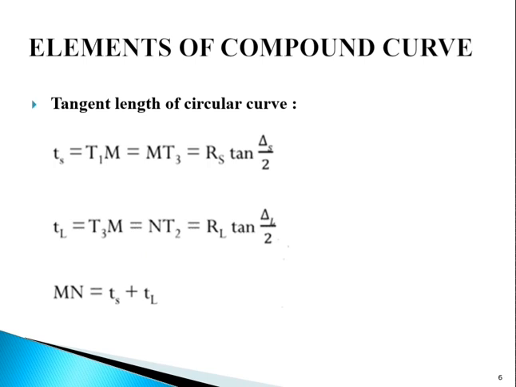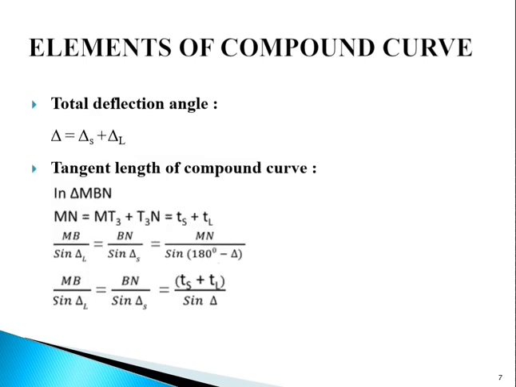So Mn will be given by Ts plus TL. The total deflection angle is delta equal to delta S plus delta L. The tangent length of the compound curve will be found from triangle MBN. In triangle MBN, Mn equals MT3 plus T3n, which is Ts plus TL. So MB by sine delta L is equal to Bn by sine delta S, which is equal to Mn divided by sine of (180 degrees minus delta).